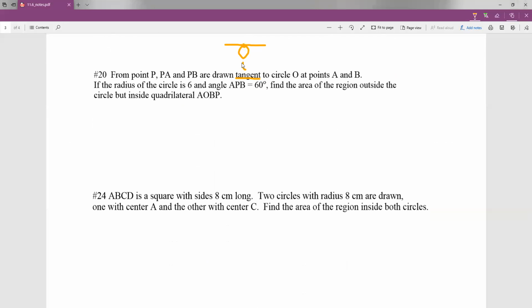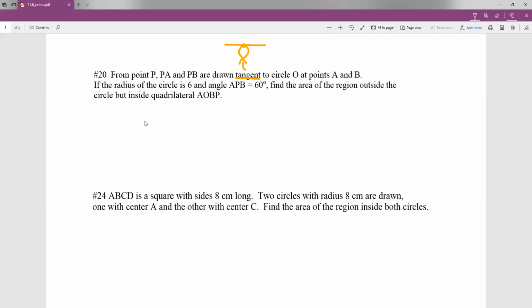So just keep that in mind. If the radius of the circle is 6 and angle APB is 60, find the area of the region outside the circle but inside the quadrilateral AOBP.